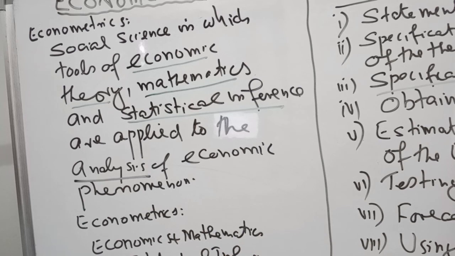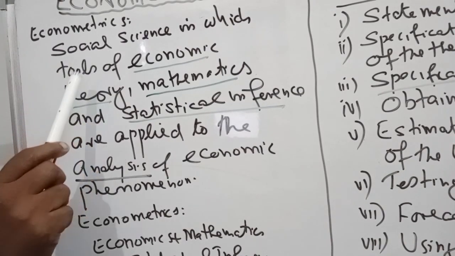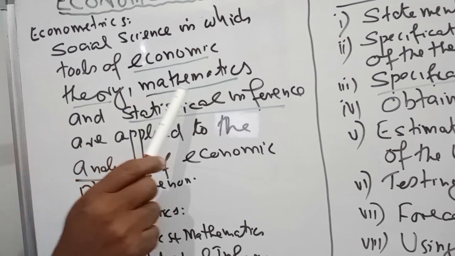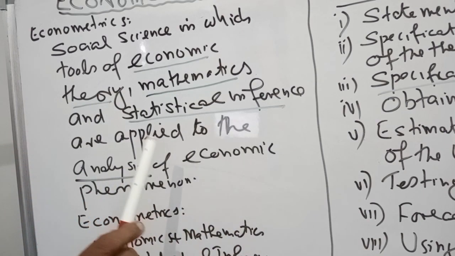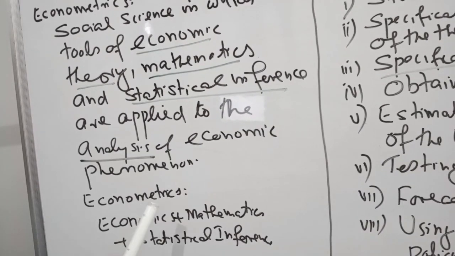Therefore, econometrics is a social science in which a resultant, a multiplier force of economics, mathematics, and statistical inference are combined together. Therefore, it is defined as a social science in which tools of economic theory, mathematics, and statistical inference are applied to the analysis of economic phenomena. That is, econometrics is a resultant of economics, mathematics, and statistical inference.